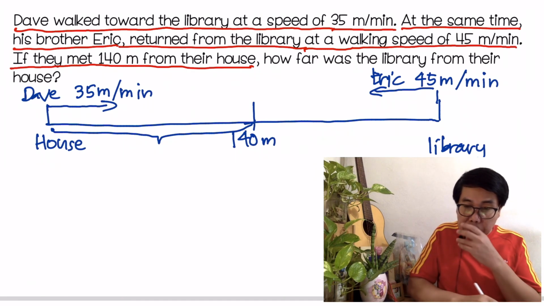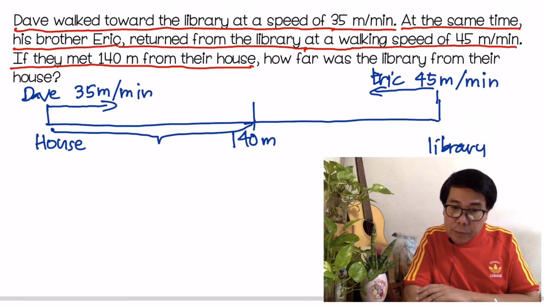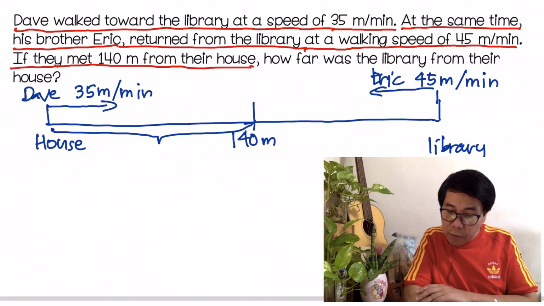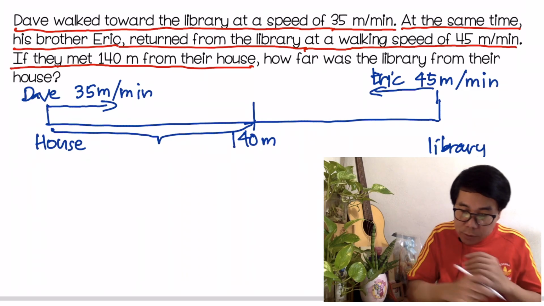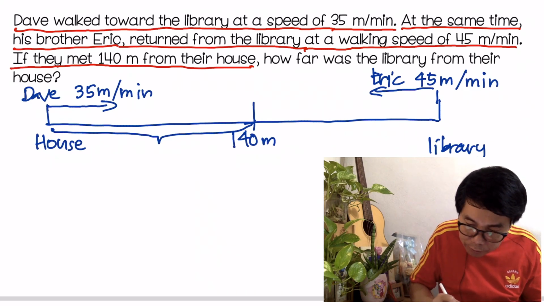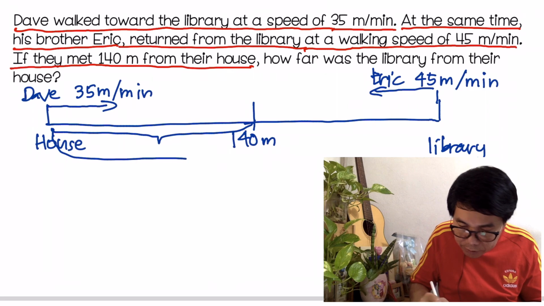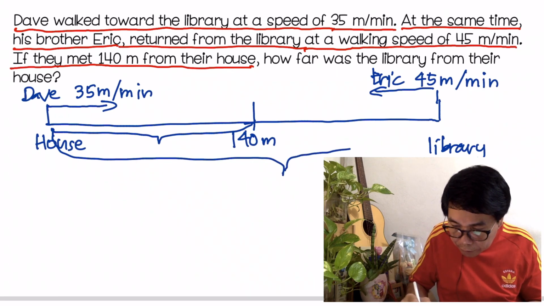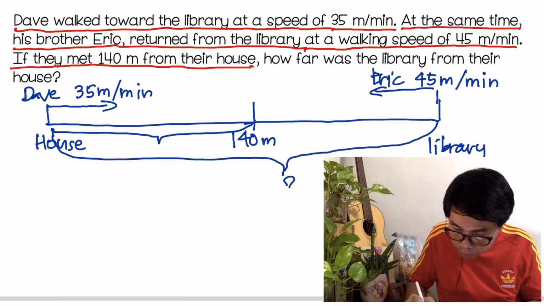Now, how far was the library from their house? So we're looking for this one, the distance of the library from their house, from here going there. So how much is that?